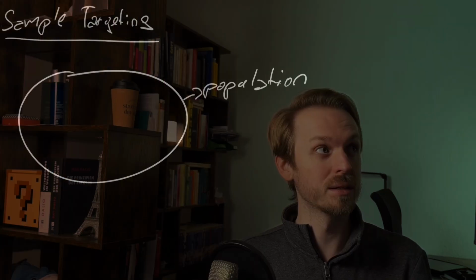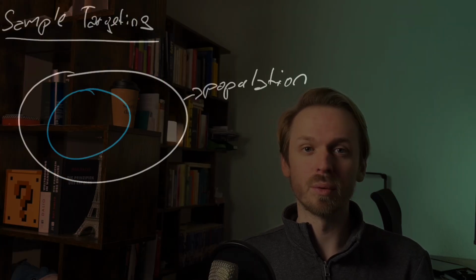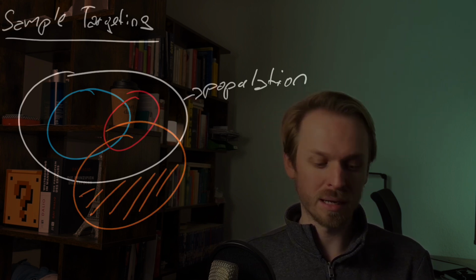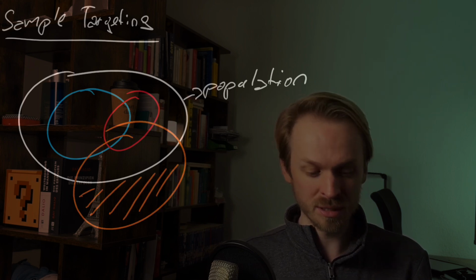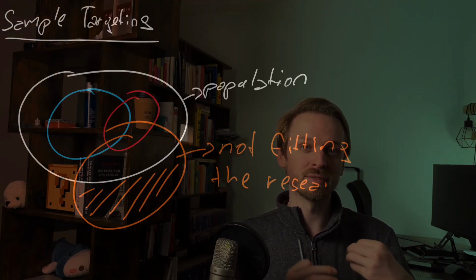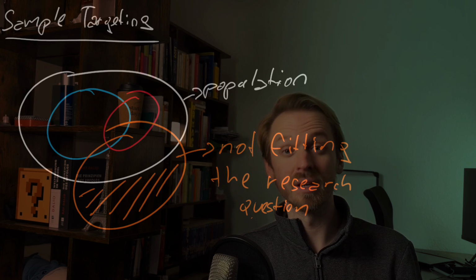The next step is that we have a sample target. So what is sample targeting? We look at something like, I want to analyze data on leadership skills, but I ask people who are not in a leadership position or have never been in a leadership position. Then you are asking people who do not fit our research question. So you have a choice here.